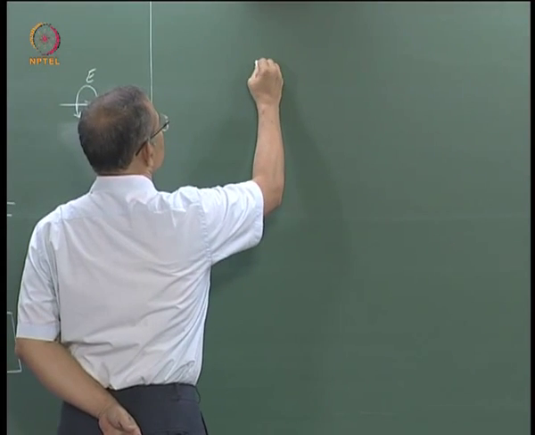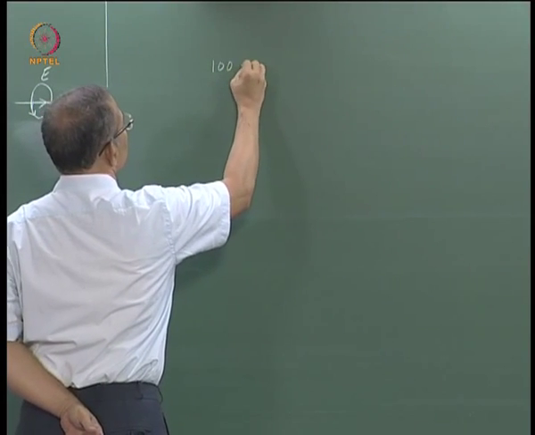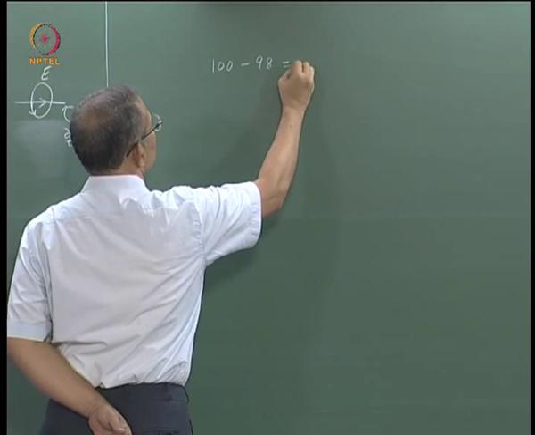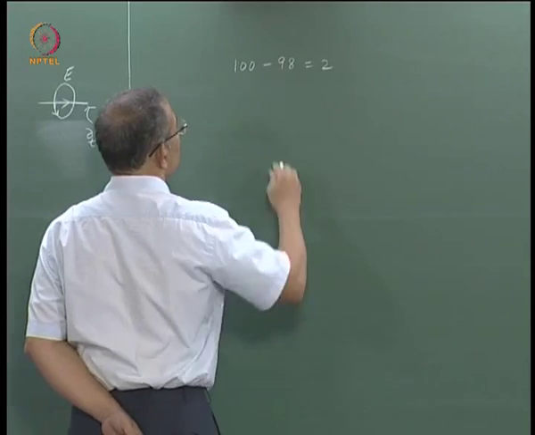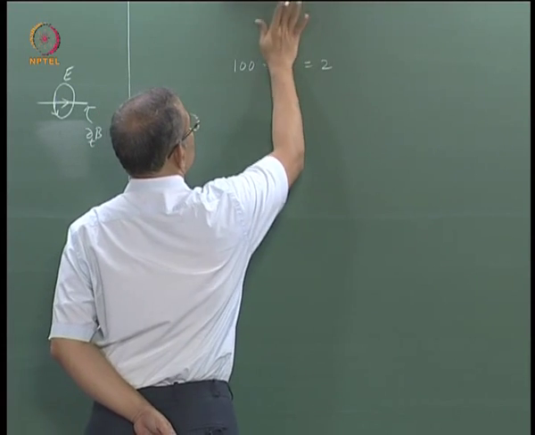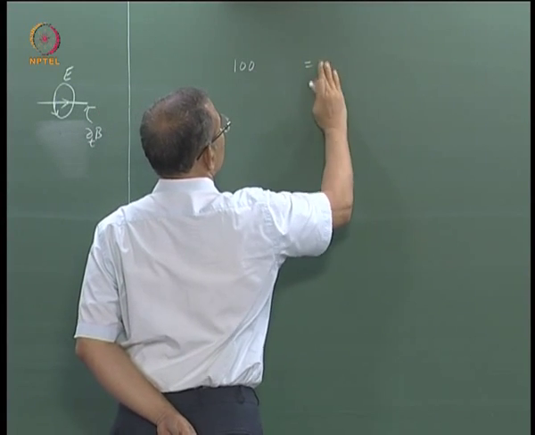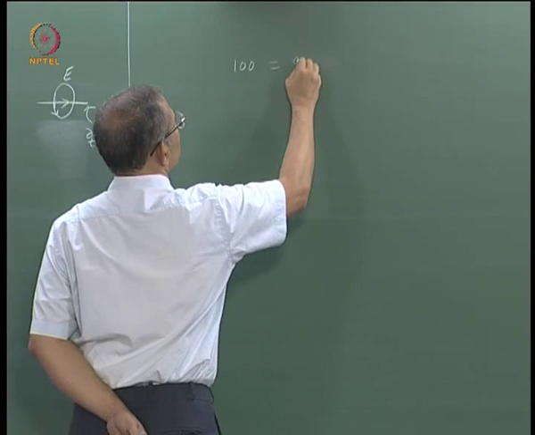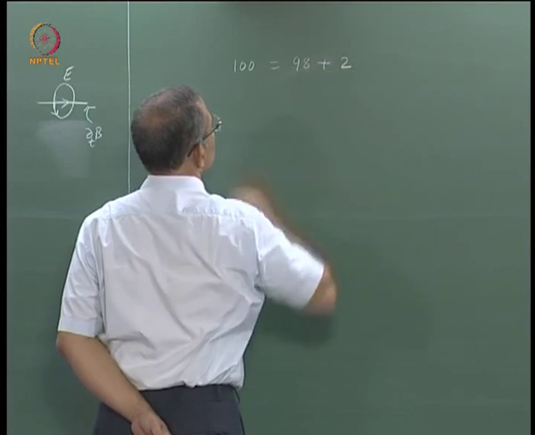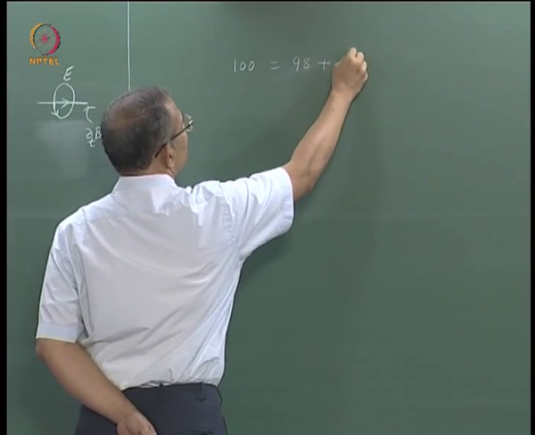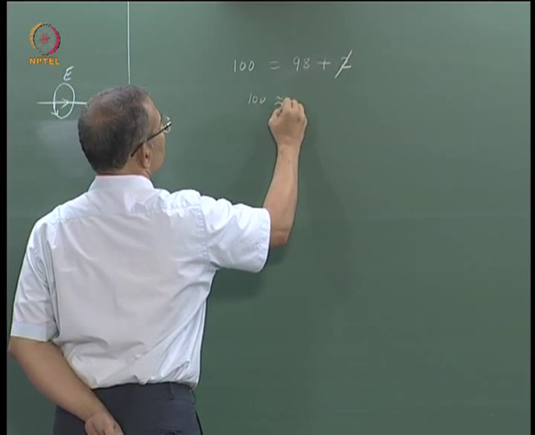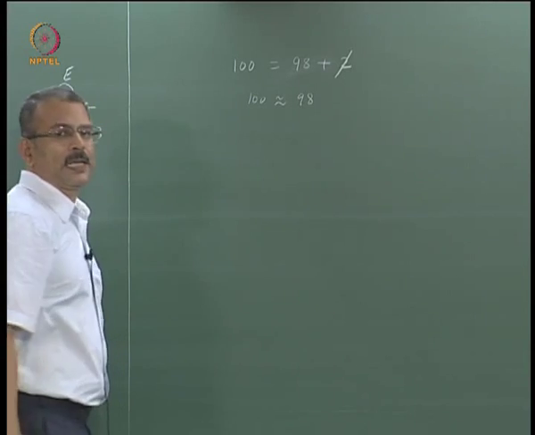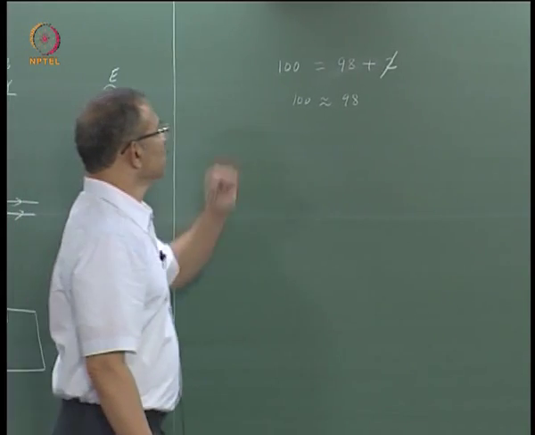Supposing I consider the equation 100 minus 98 is equal to 2, or let me write it in this form: 100 is equal to 98 plus 2. Now if I neglect this 2, it is not a bad approximation, because 100 is indeed approximately equal to 98 within 2% error.